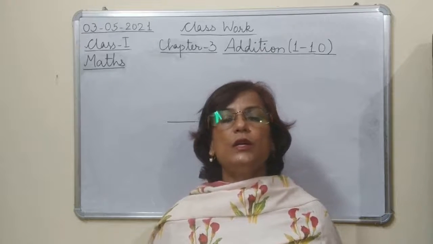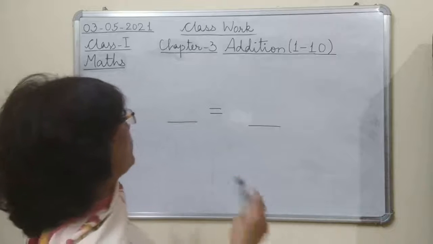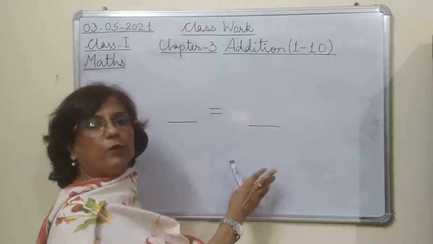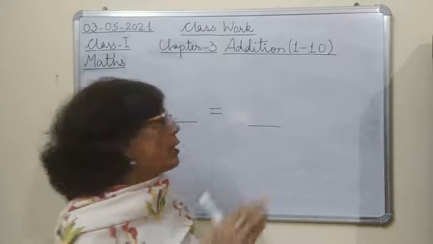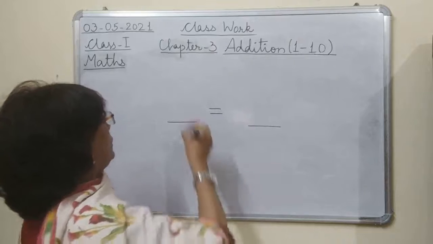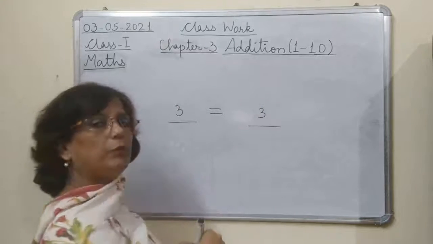So number was same, objects were different but the number was same. So is equal to का मतलब होता है कि is equal to की दोनों साइड की जो वैल्यू है that should be same. This is equal to this, मतलब 3 is equal to 3 means दोनों बराबर हैं.